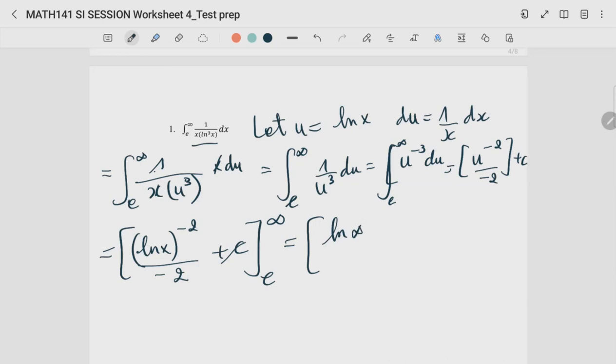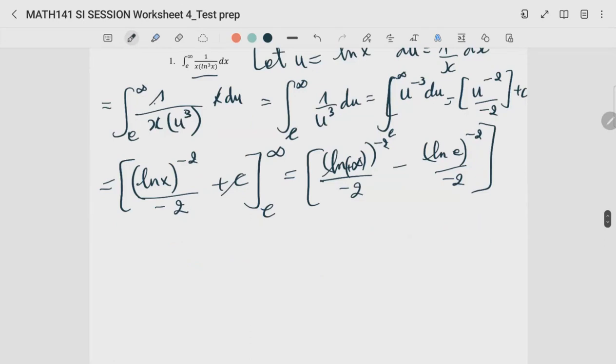Obviously, this is positive infinity because you can only have the ln of a positive value. So ln of infinity to the negative 2 divided by negative 2, minus ln of e to the negative 2 divided by negative 2.